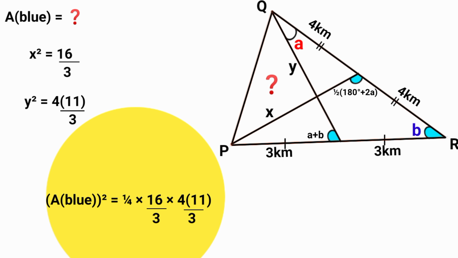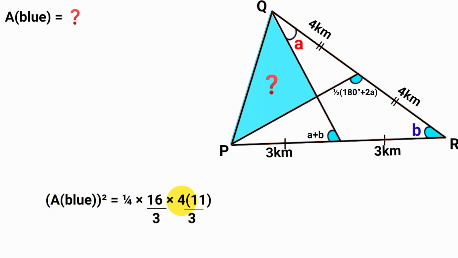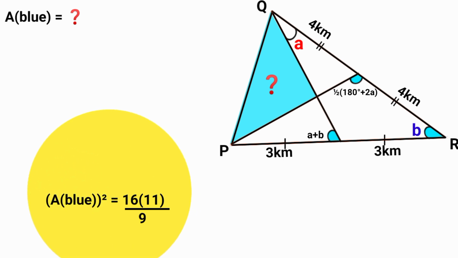So blue area all squared equal to 1 over 4 times 16 over 3 times 4 open bracket 11 all over 3. This 4 cancels this 4. 1 times 16 over 3 times 11 over 3 is 16 times 11 all over 3 times 3. 16 times 11 is 16 open bracket 11. And 3 times 3 is 9. So blue area all squared equal to 16 open bracket 11 over 9.